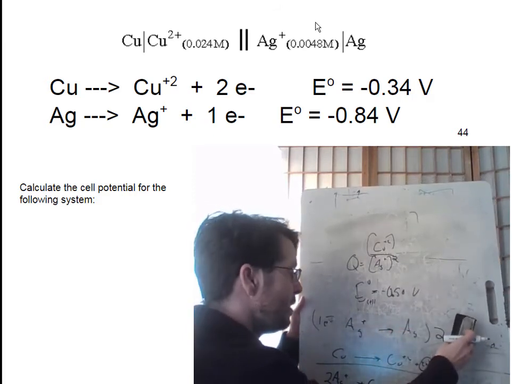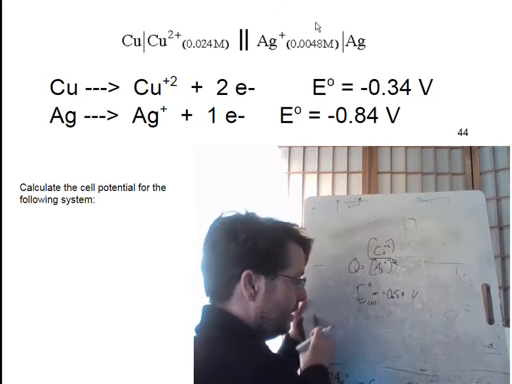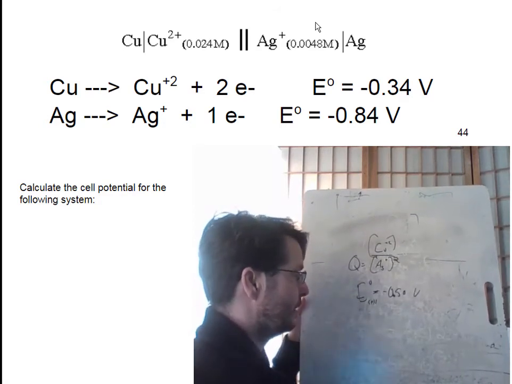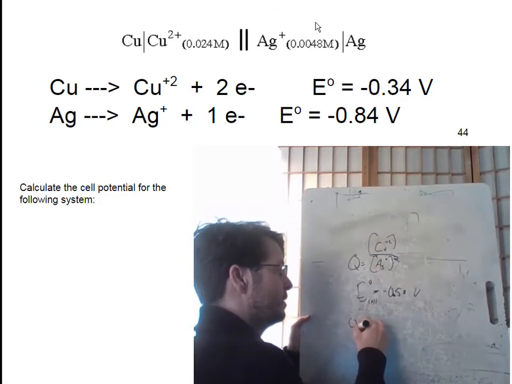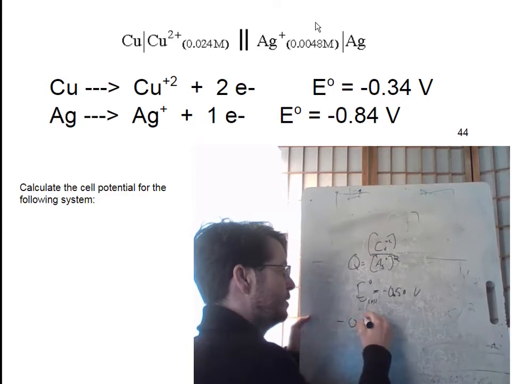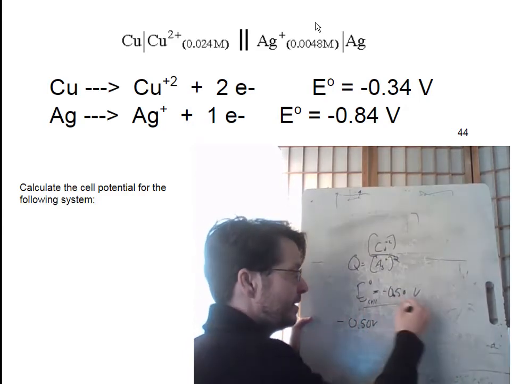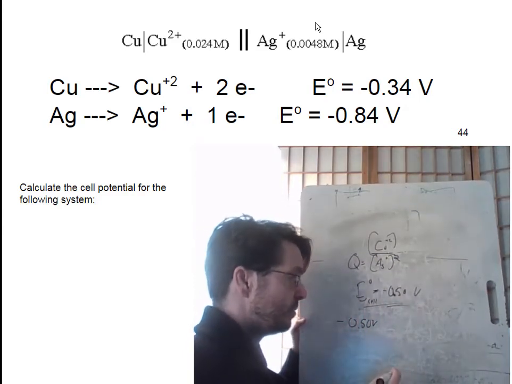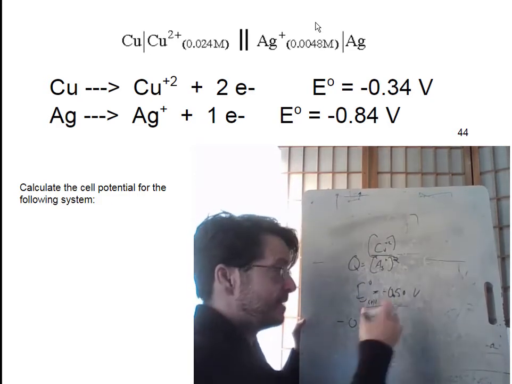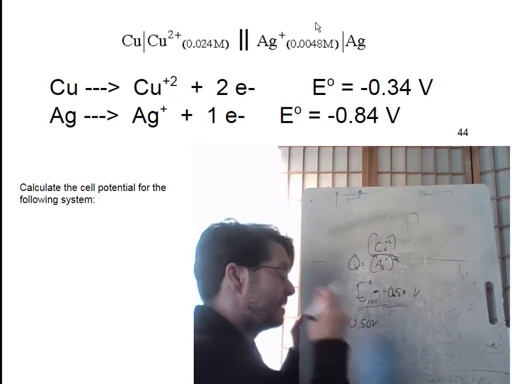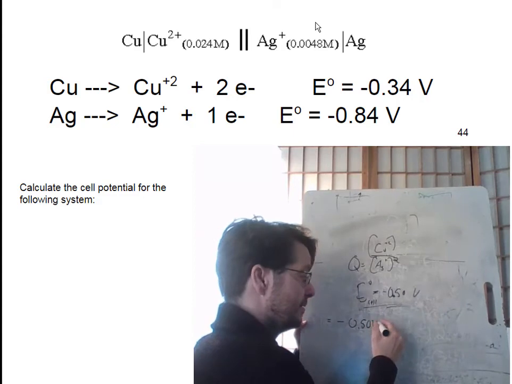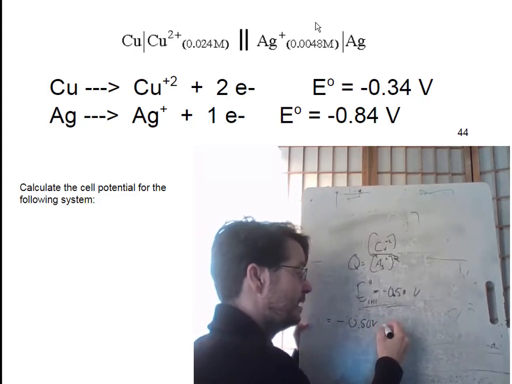Right? So now we have everything we need to use the Nernst equation. So we put in our negative 0.50 volts. Again, this reaction is not spontaneous under standard state conditions, but we're not looking at standard state conditions. It's going to give us a positive cell potential. So let's see.